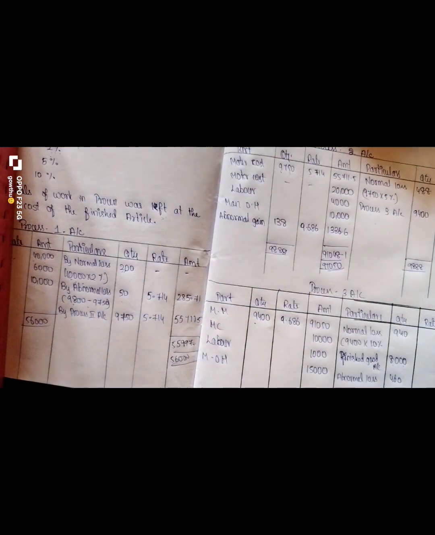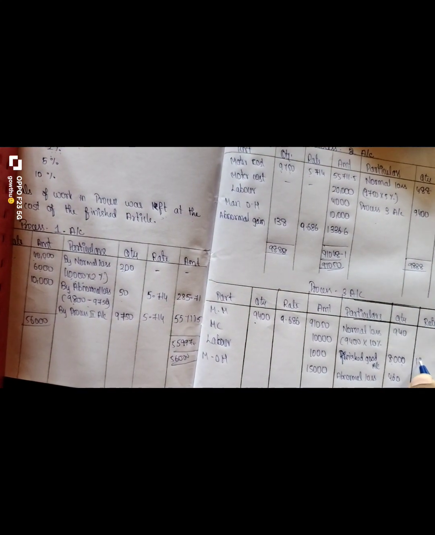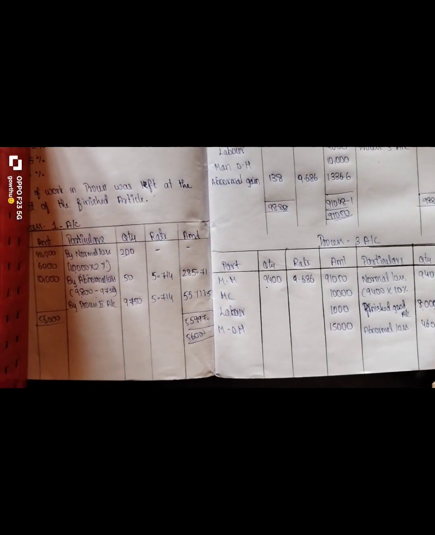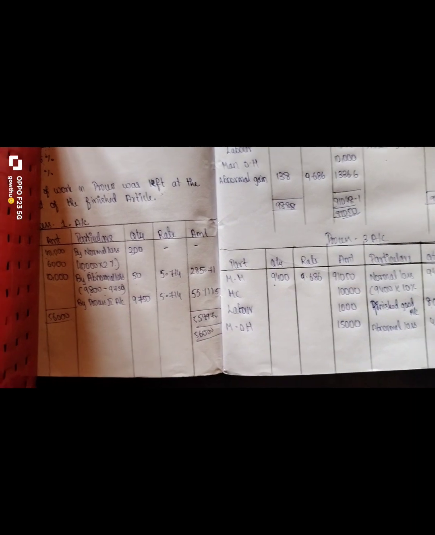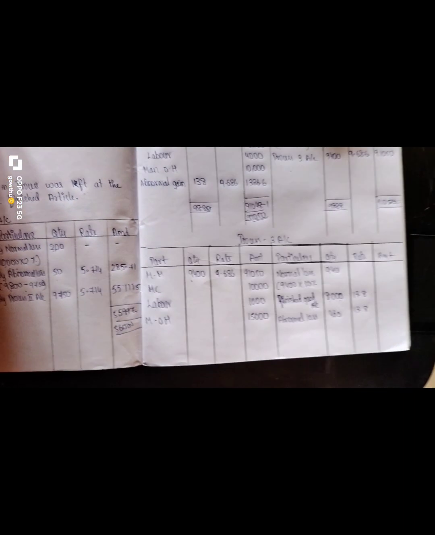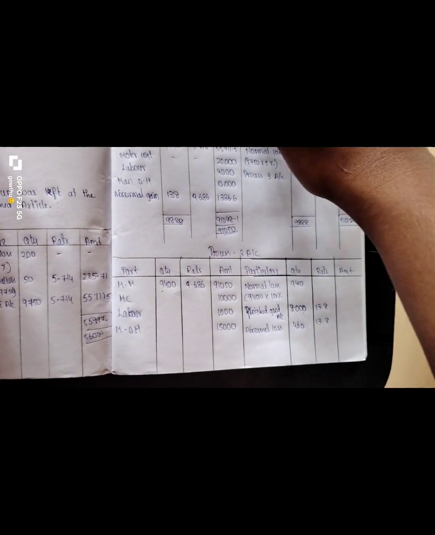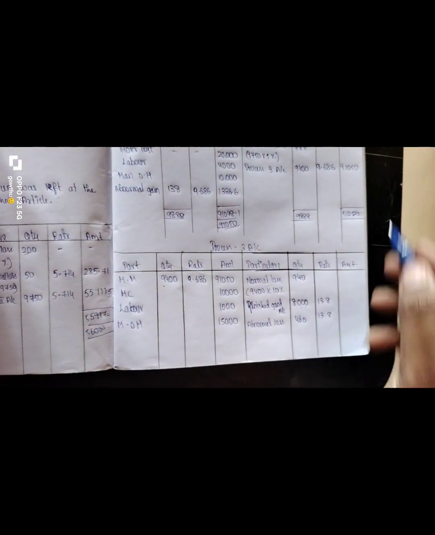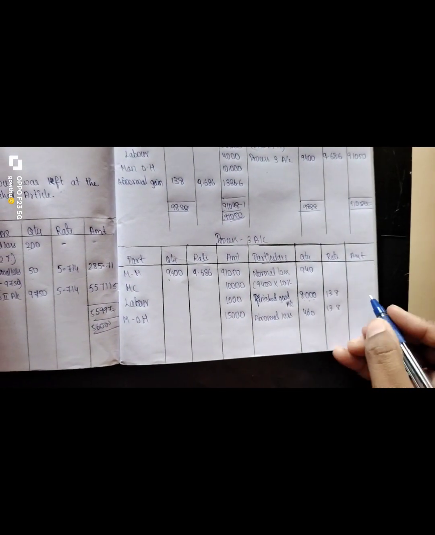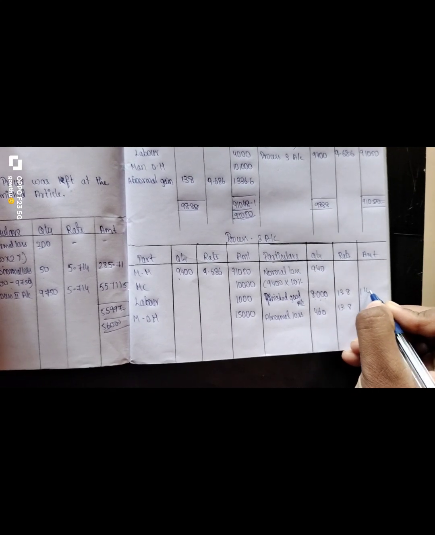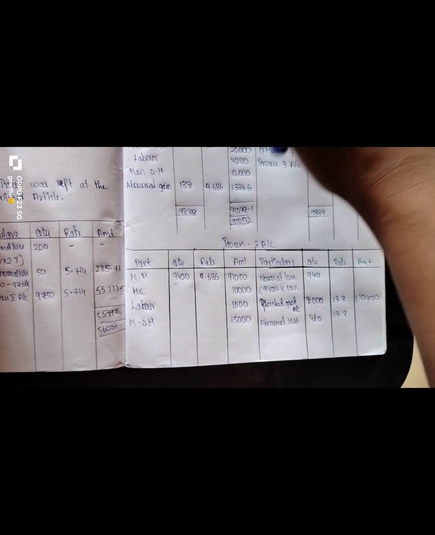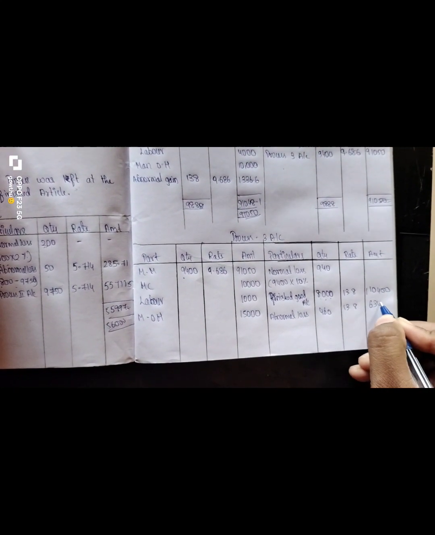This 13.8 we have to take here. If we take, we have to multiply this. 13.8 into 8,000, we will get 1,10,400. 460 into 13.8, we will get 6,348.